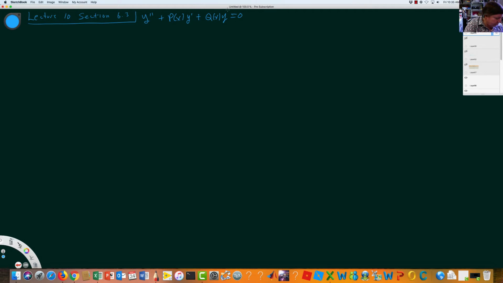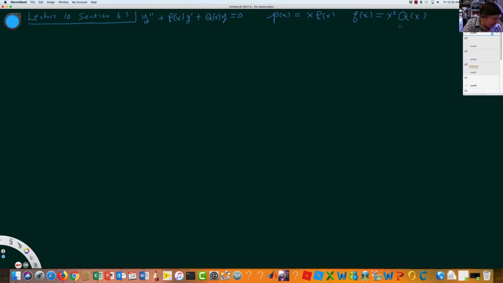Well, remember how we have little p and q? We have little p of x is equal to x times big P of x, and then little q of x is equal to x squared times big Q of x, right?